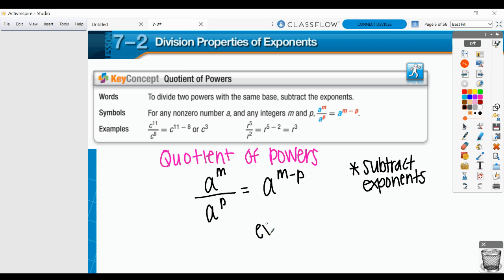So for an example, if I had x to the 6th over x to the 4th, you're going to have x to the 6th minus 4, which is x squared.